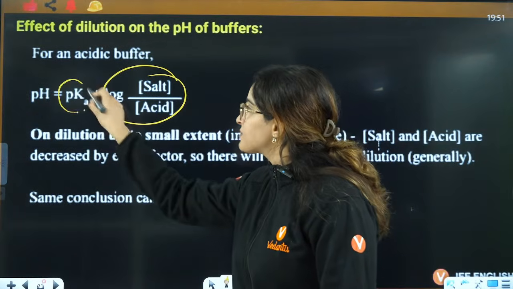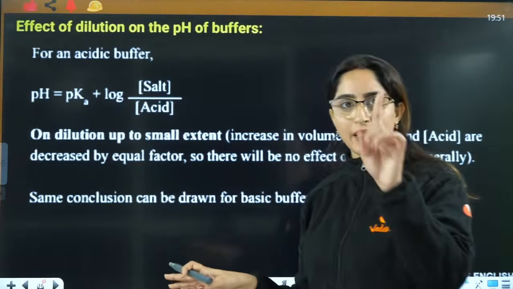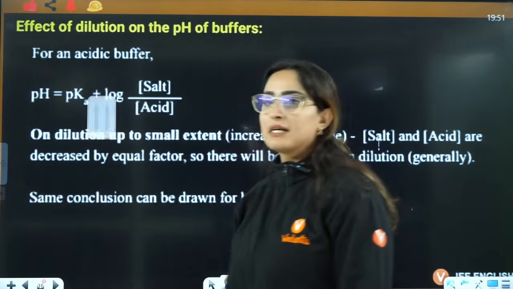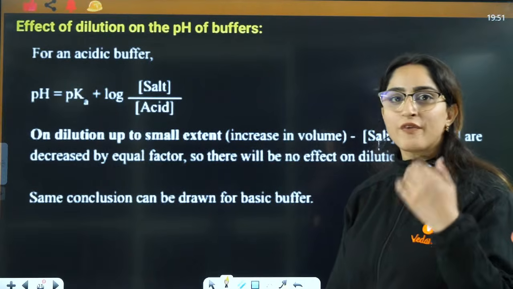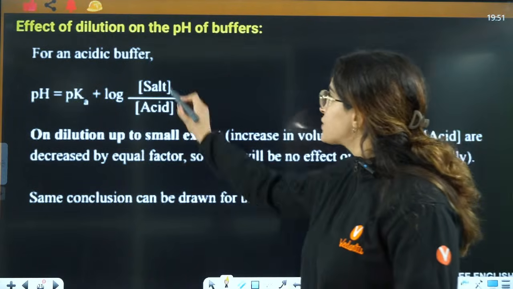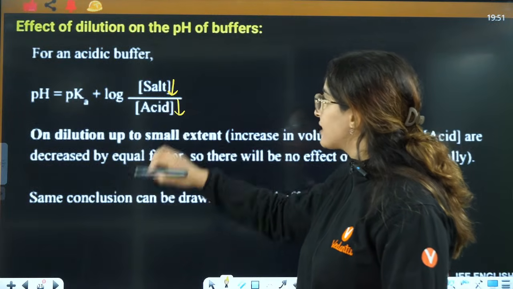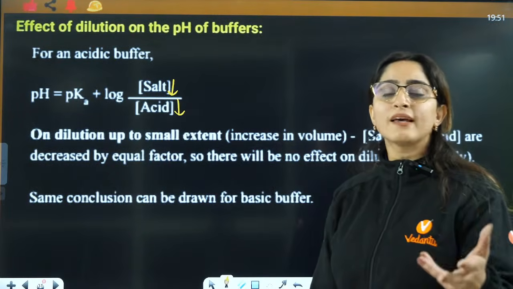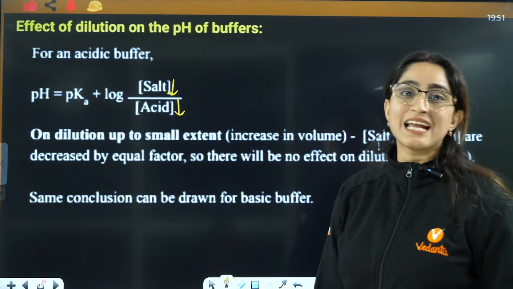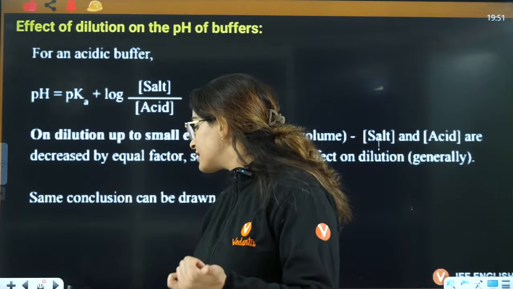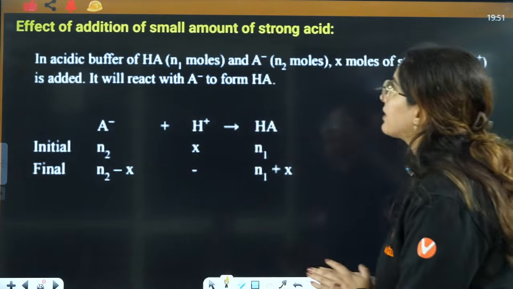If you want to change the pH, this factor or this factor has to change. When you add water, both are decreasing, so the net change is 0. That is why we say on dilution there is no effect.